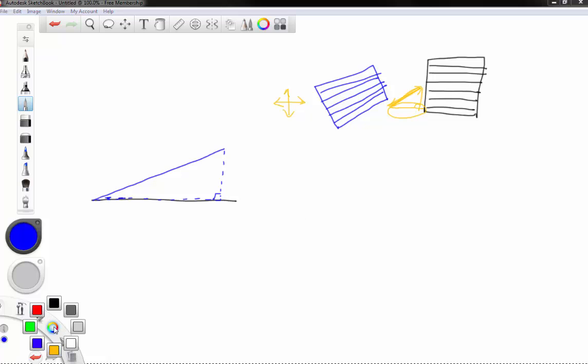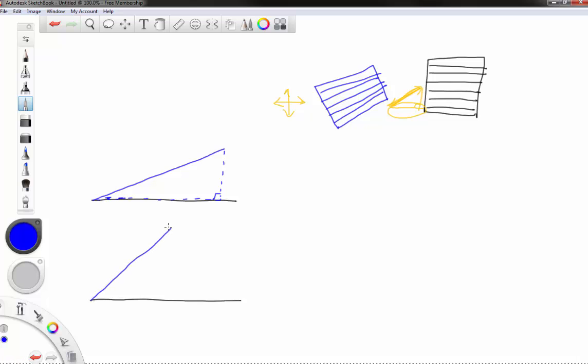Now, what happens if we rotate the base? So we'll draw this guy again. I'm going to draw a line that is as close as I can make it to being the same length as this first line. It's a little tricky to do because I don't have a ruler or a protractor to use, but maybe something like this is about the same length.